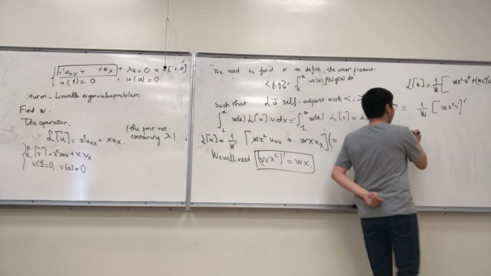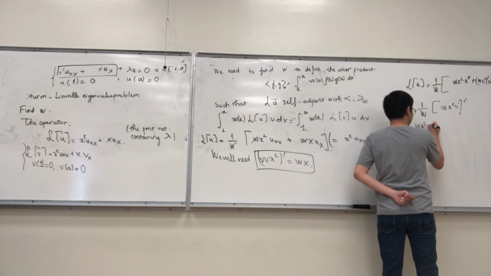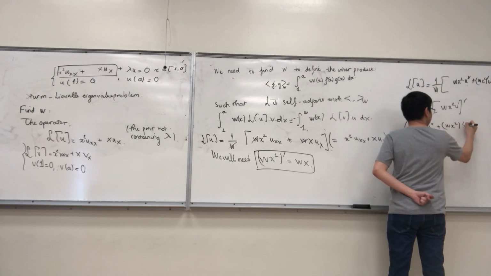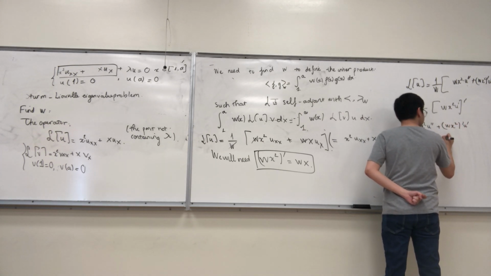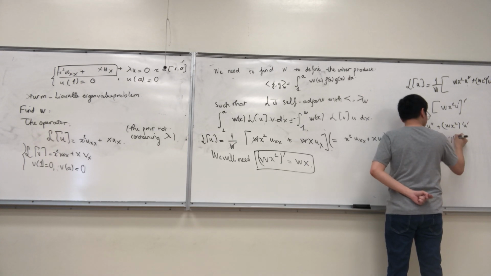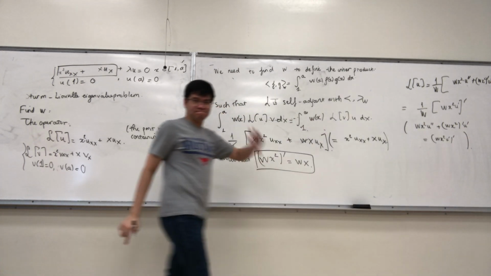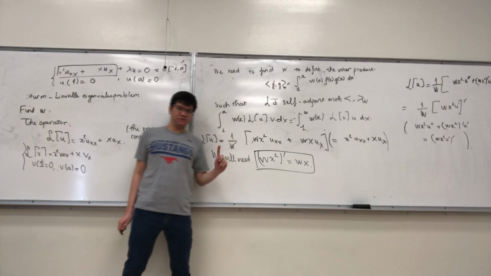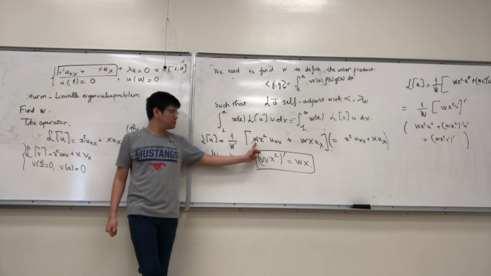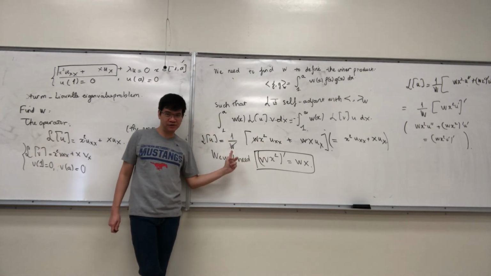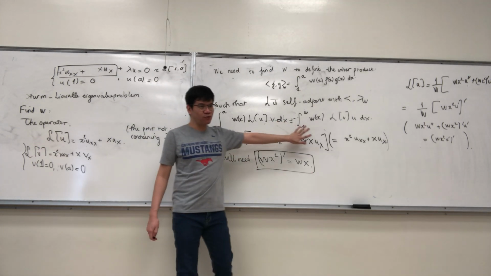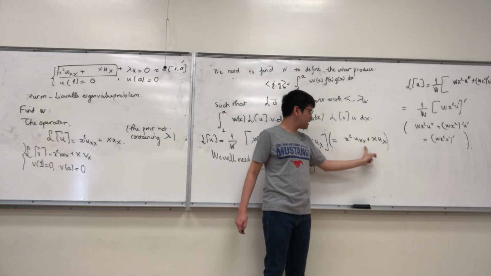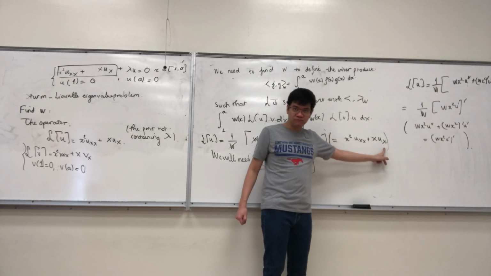The explanation is the following. You have w x squared u'' plus (w x squared)' u', which equals (w x squared u')'. Now explain again: how do you choose w? You follow the previous method. You multiply by w here and divide by w here. This is just a different way of expressing x squared uxx plus x ux.